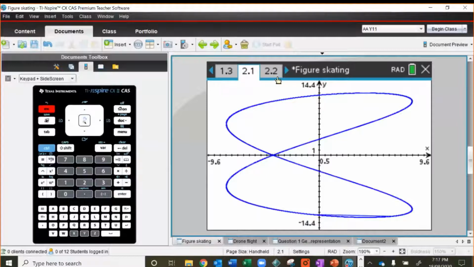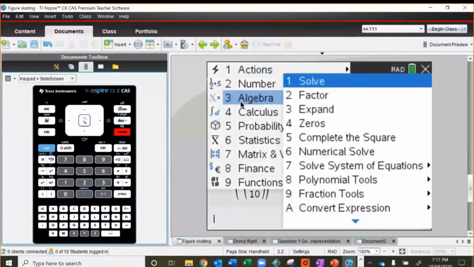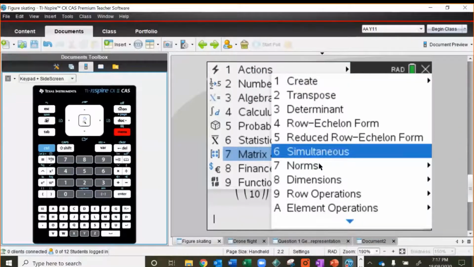So what I can do now, I want to find the times at which velocity is perpendicular to the acceleration. So let's find the dot product.